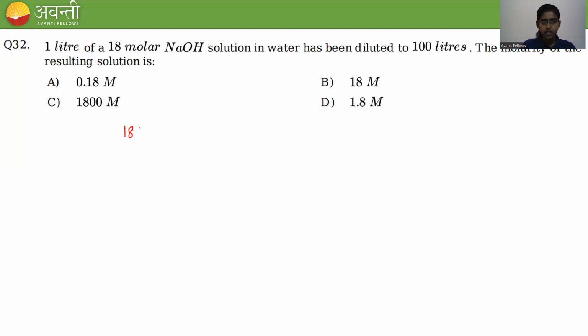It implies that 18 moles of NaOH is present in 1 liter of solution. On dilution, only the volume changes, so the number of moles remains constant. The initial moles of NaOH is 18, so the final moles is also 18.